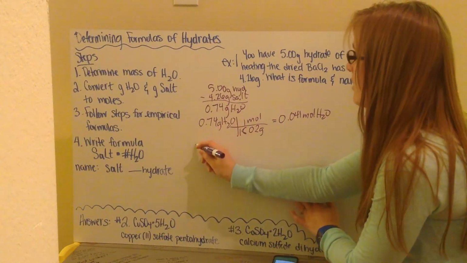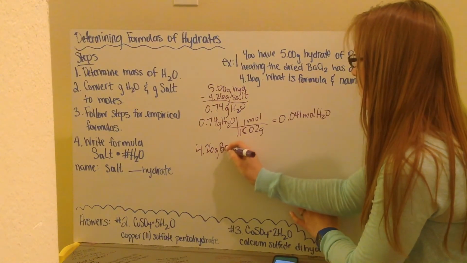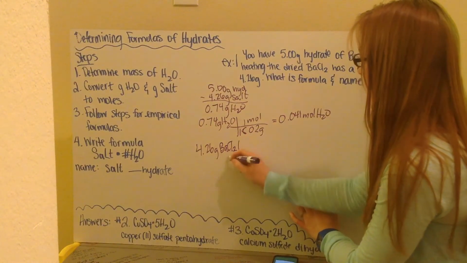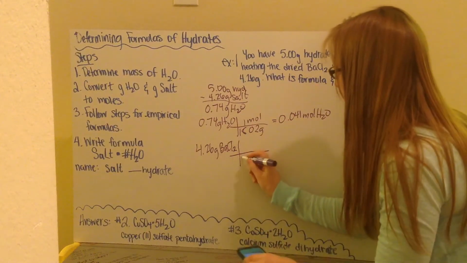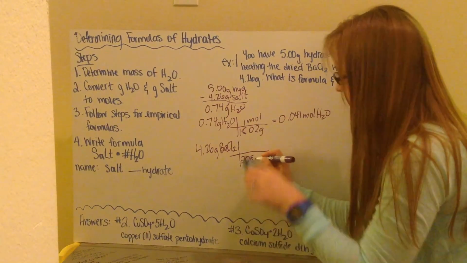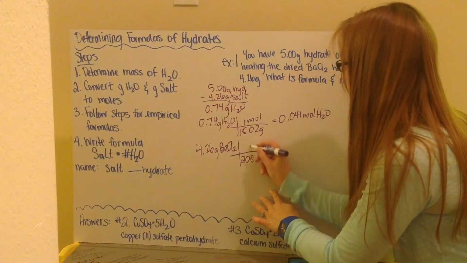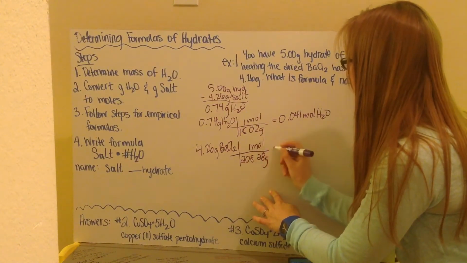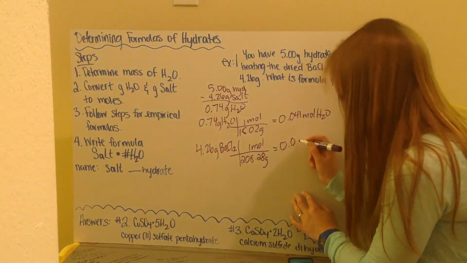Then for my salt, 4.26 grams of barium chloride, I divide that by its molar mass, which is 208.28 grams per 1 mole, and I get 0.020 moles of barium chloride.